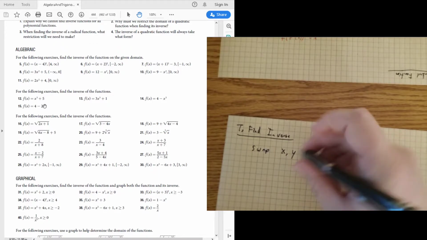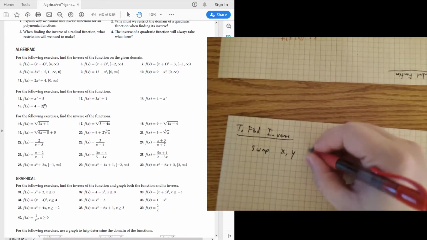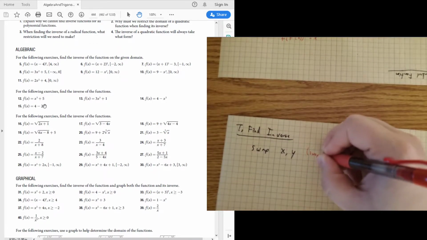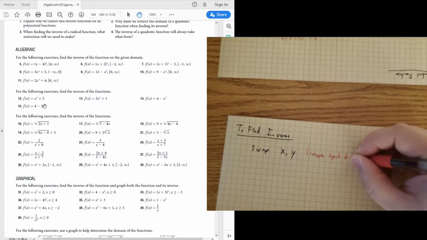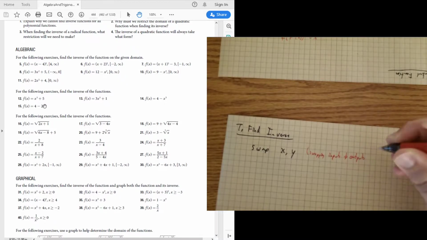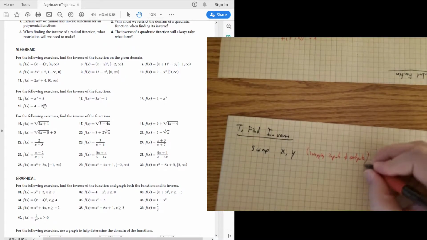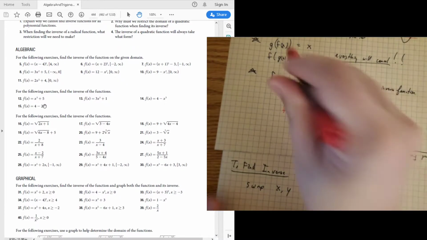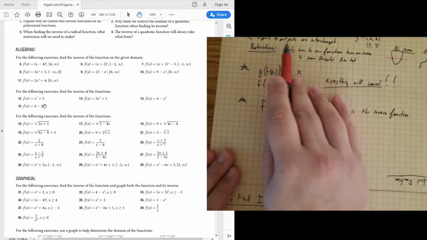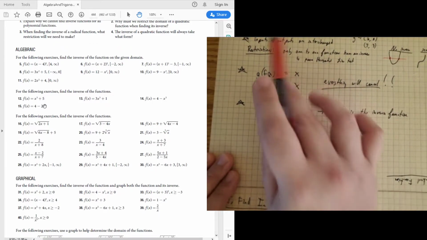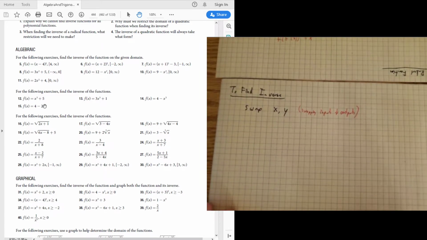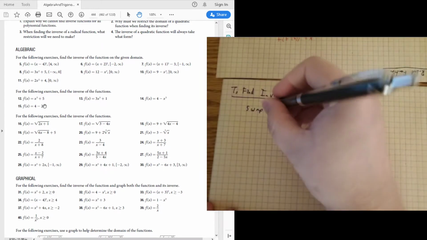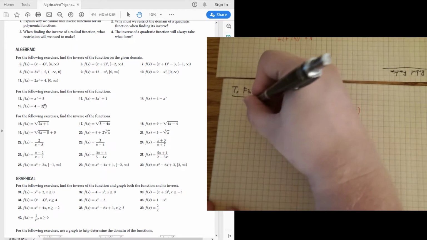So in other words, remember, by our definitions, we are swapping inputs and outputs. So remember, this was our definition, right? Inputs and outputs are interchangeable. And so what do we do? Well, we just interchange them. We swap them.